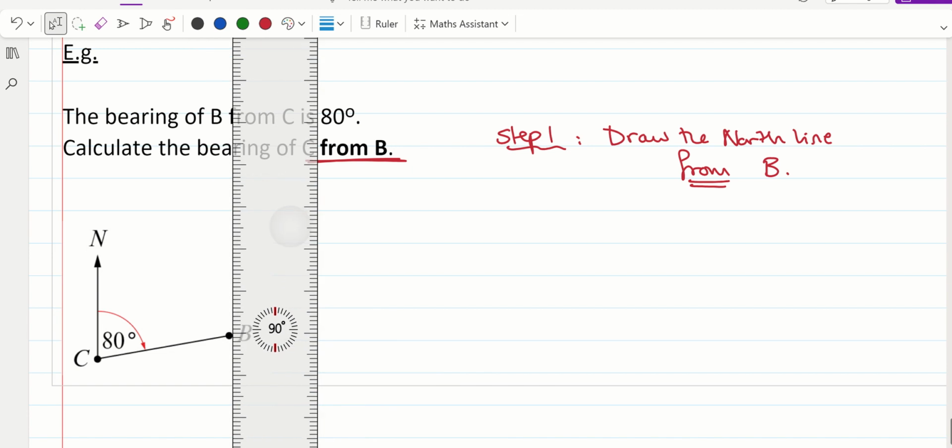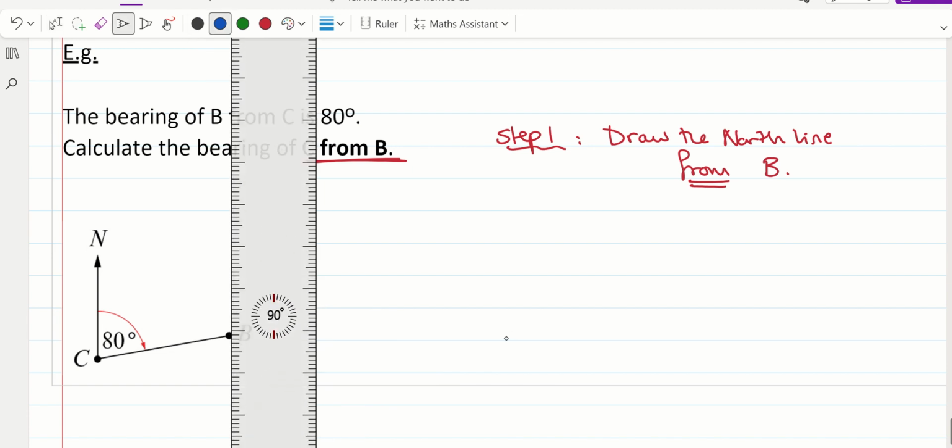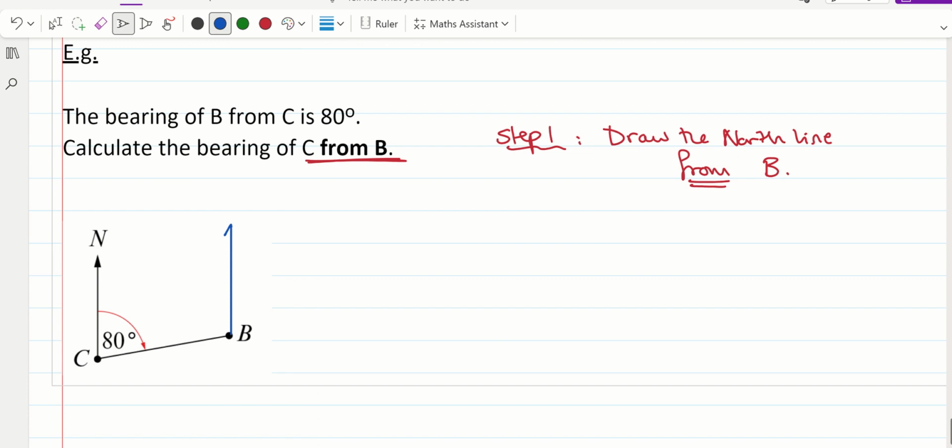Now, because we're doing calculations rather than drawing this, I don't have to be exact, but of course the north line is 90 degrees. So 90 degrees, it's a perpendicular line. And the bearing of C from B is this angle. And of course your step 1 is to find that. Well, maybe it's step 2.